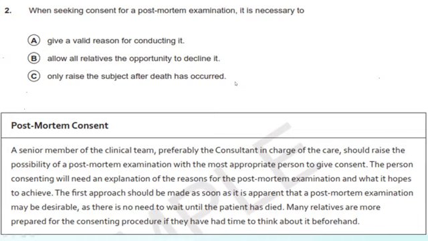So it gave a valid reason for conducting it. For this reason, I think it's the answer to this question. Great. So you said that the correct answer, A, fits this part, starting from the person consenting will need an explanation of the reasons. Okay. What about answer B? Allow all relatives the opportunity to decline it.